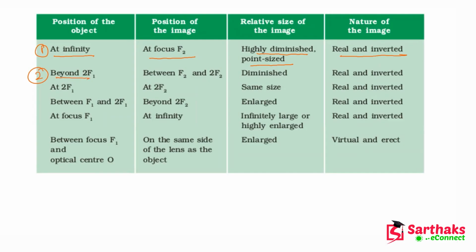Now, in that case, what was the position of the image? Between f2 and 2f2. What was the size? Diminished. And what is the nature in this case? Real and inverted. Okay, I hope you got my point. Real and inverted, diminished, and between f2 and 2f2.